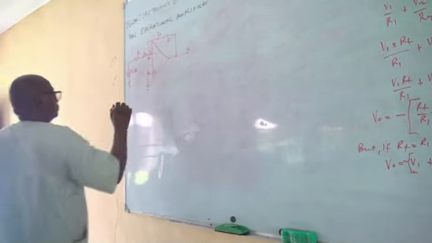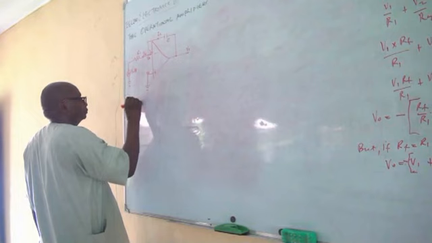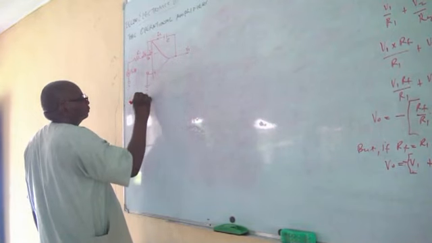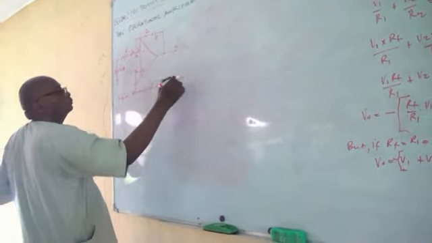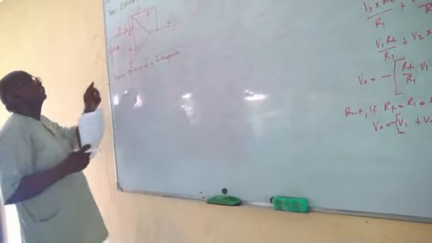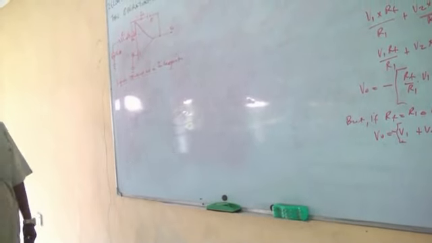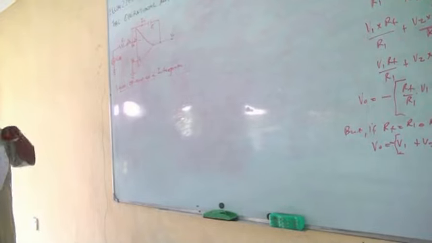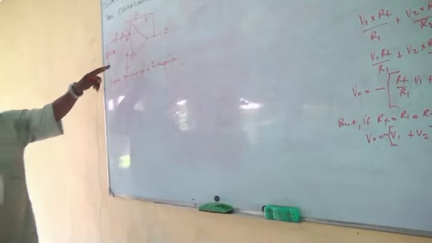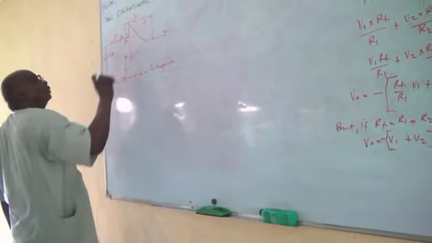Now, this is op-amp as an integrator. This is the diagram. We are also using the same concepts, but a little bit different because we have a reactance here, which is a capacitor.